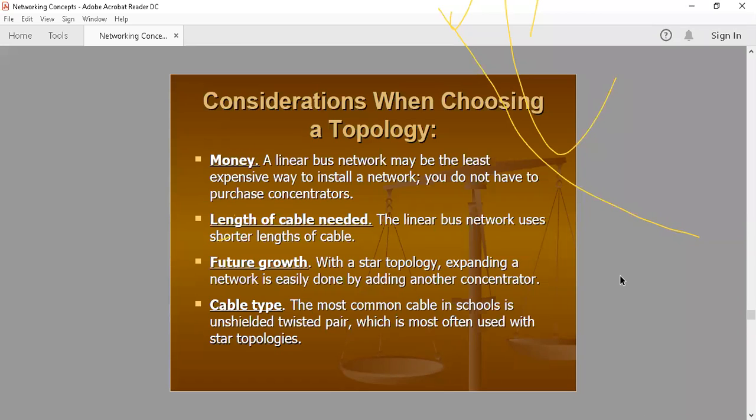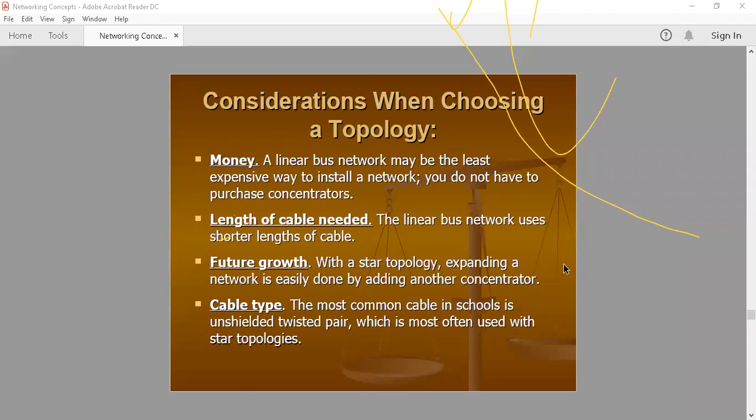Further growth, cable type. As I have already mentioned, cable length.